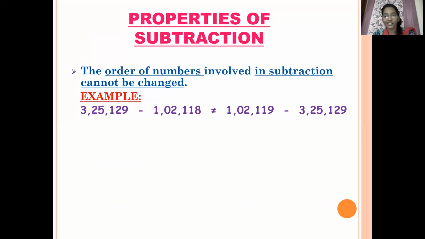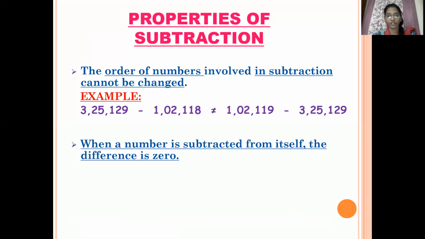When you subtract these two numbers, the difference is not equal to 1,02,119 minus 3,25,129. Here you have changed the order, then the difference is not equal. This is the first property of subtraction.